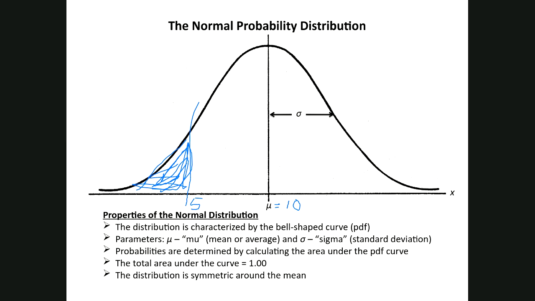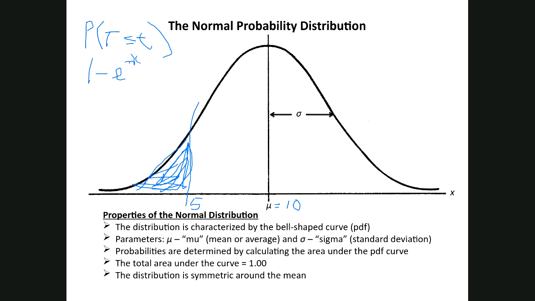So the question is, unlike our exponential distribution, where we can calculate the probability in closed form, remember that we had a random variable T less than or equal to t, and the cumulative distribution is represented by 1 minus e to the minus lambda times t.